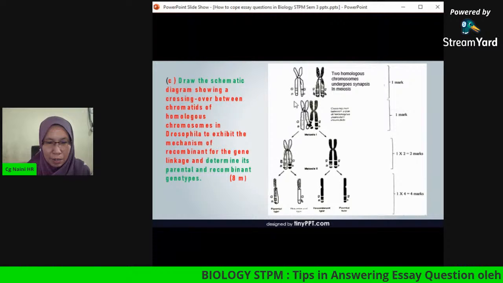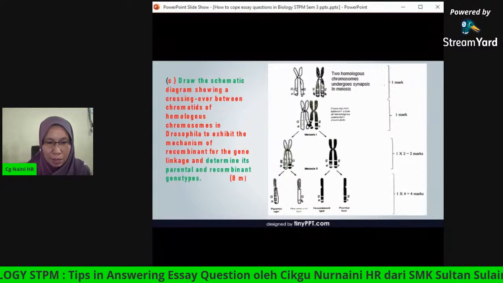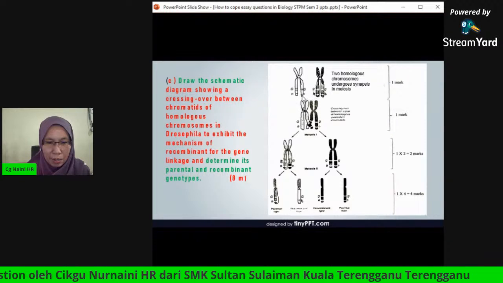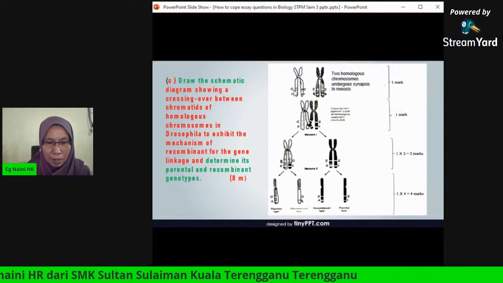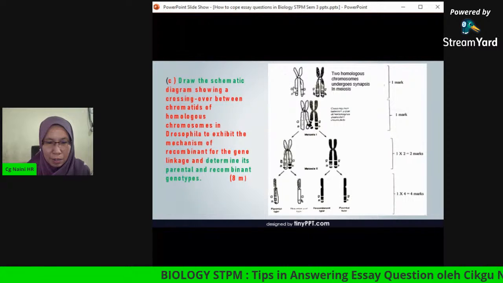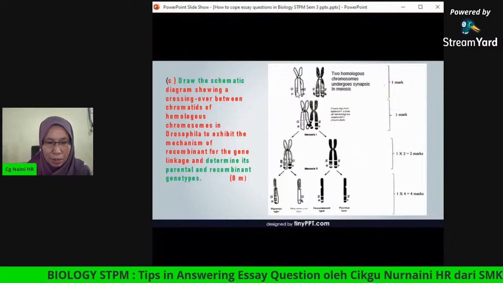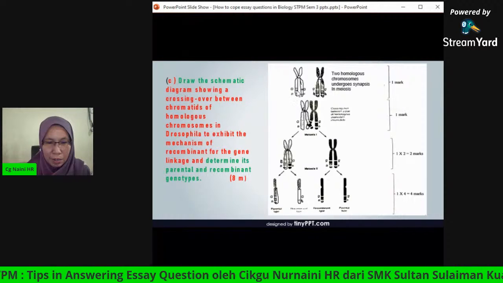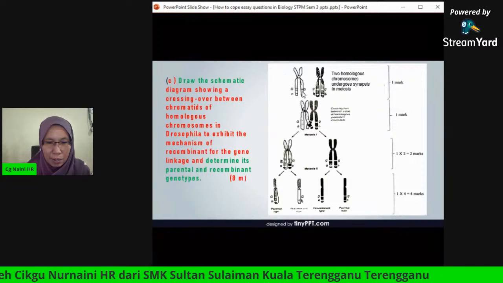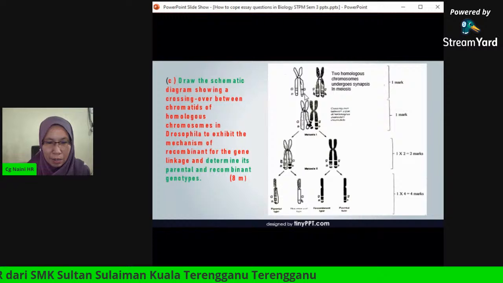For linked genes, we arrange the alleles, big G and big B, in one line. You can use a line for this one. Then big G and small b, like this, so the line and the line.